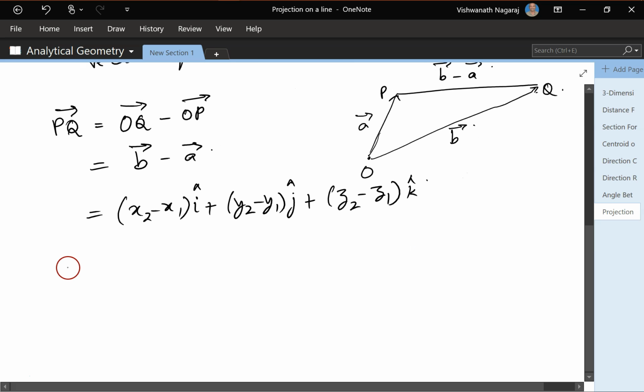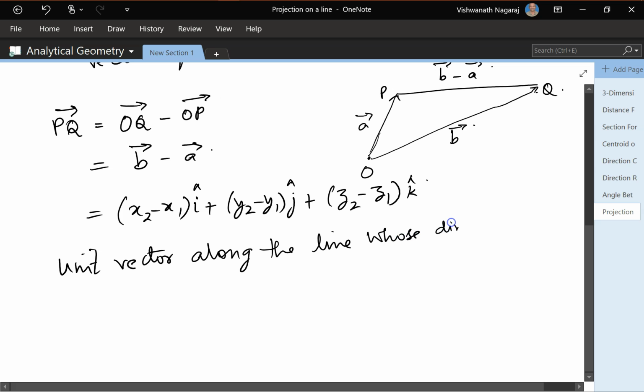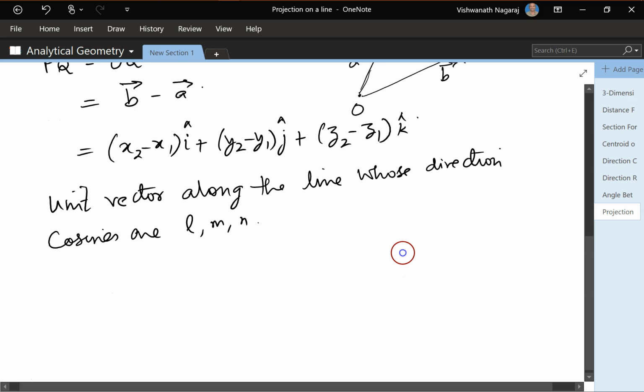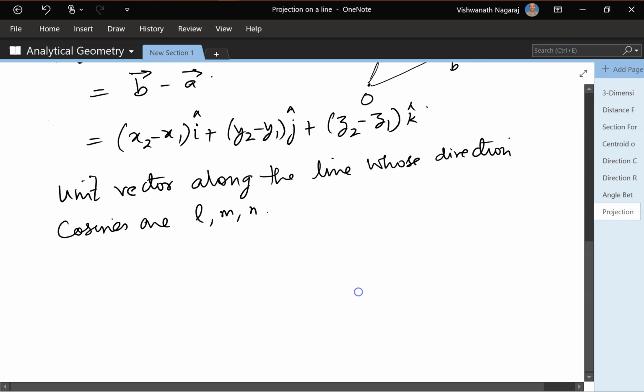Now the unit vector along the line whose direction cosines are L, M and N. Remember, we have another line whose direction cosines are L, M and N. Now its unit vector would be equal to L i plus M j plus N k.